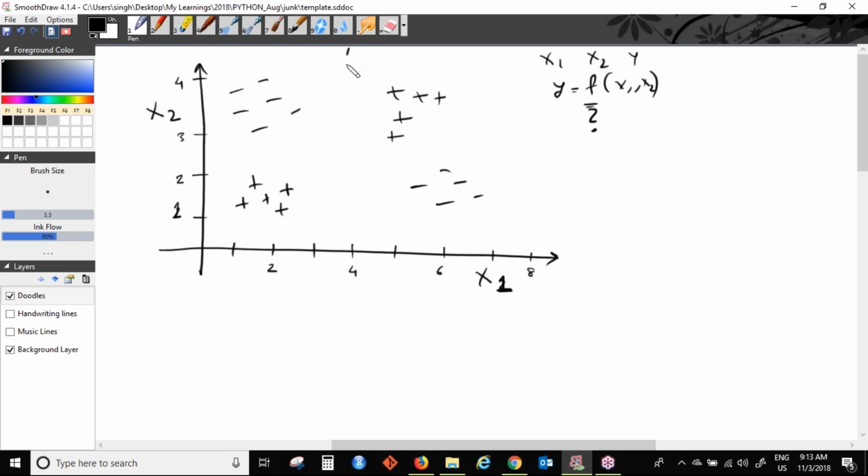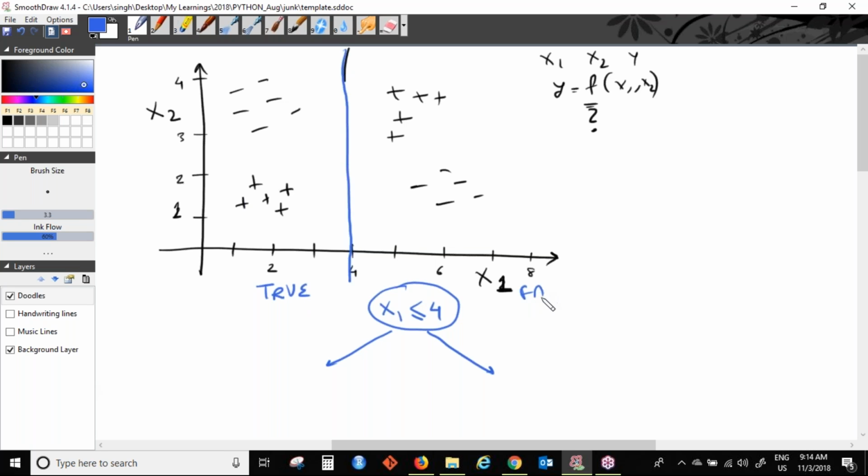So let's start with the same line that I had drawn earlier. I'll write x1 is less than equal to 4. This will have a true and a false. Let me write all the true here and all the false here.